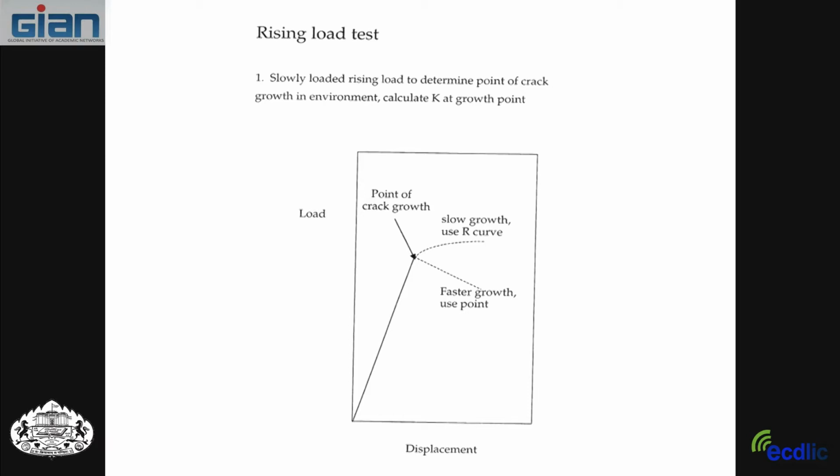If the environment does influence it, it would show much faster growth. So suddenly you would see this much faster growth, and you'd get a difference in load displacement curve, top one in the air, the bottom one in the bad environment, and that would indicate that you might have a threshold value somewhere around that point.